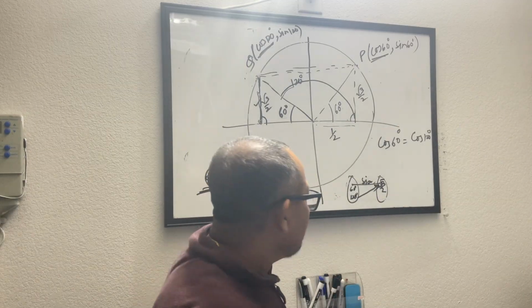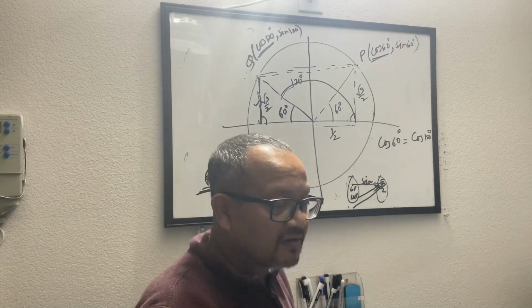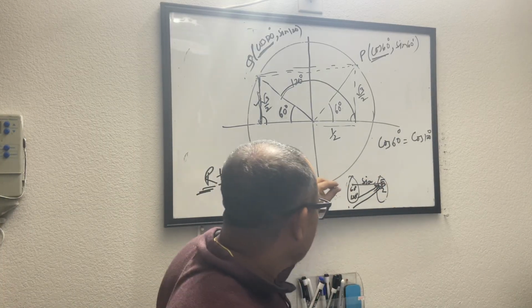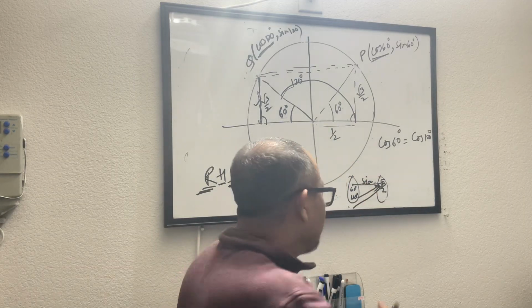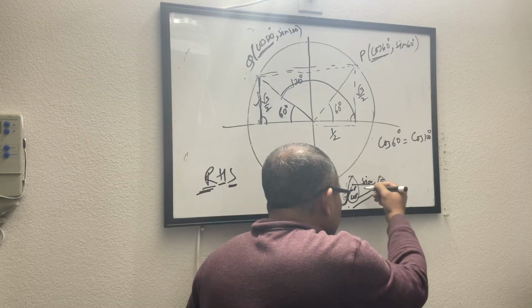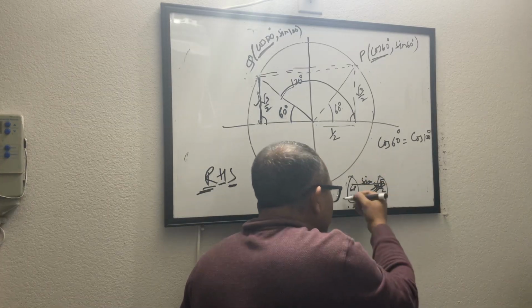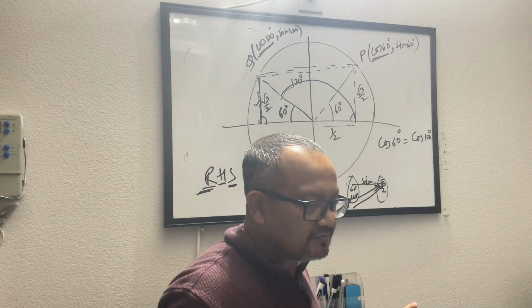You will see more things adding to the confusion. This is not an invertible function. If you have a domain and a range, every domain value should map to one and only one range value. And when you talk about the inverse function, it should map back to the same point. If it is not mapping back to the same point always as the only option, this is not invertible.